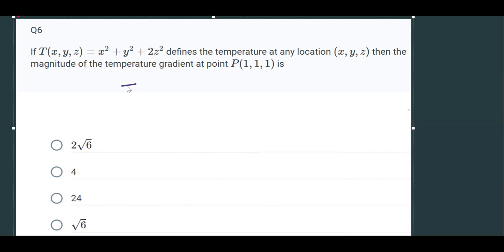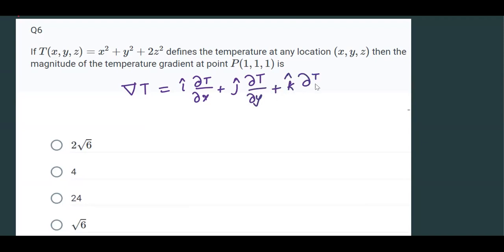So gradient of T, i dou T by dou x plus j dou T by dou y plus k dou T by dou z. So this is 2x times i plus 2y times j plus 4z times k.